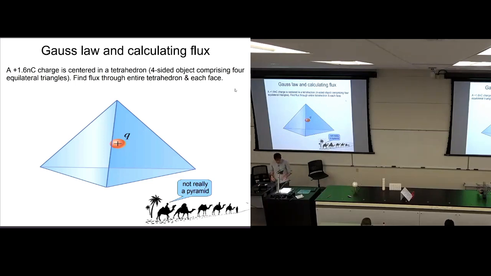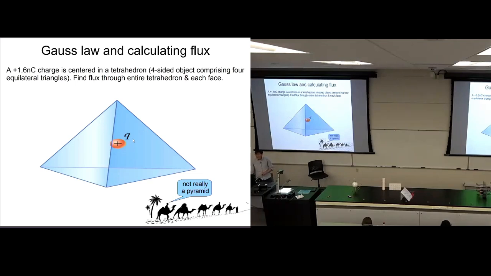We have a positive charge inside a closed surface. This looks like a pyramid, but I'm told it's not really a pyramid. This is a tetrahedron.